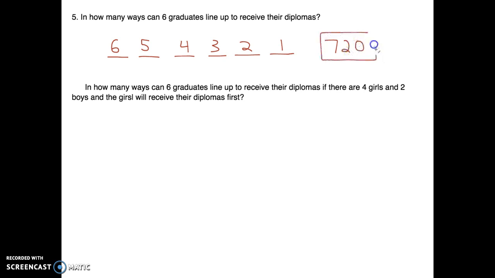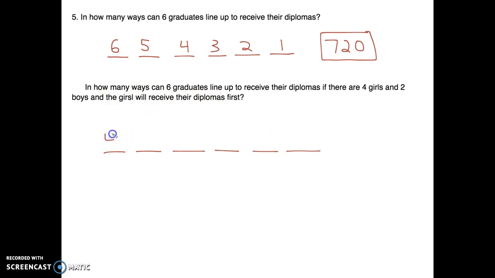Then on the next one, it says, in how many ways can 6 graduates line up to receive their diplomas if there are 4 girls and 2 boys, and the girls will receive their diplomas first? Okay, so we're going to do the same thing with 6 lines, and the girls are going to receive their diplomas first.